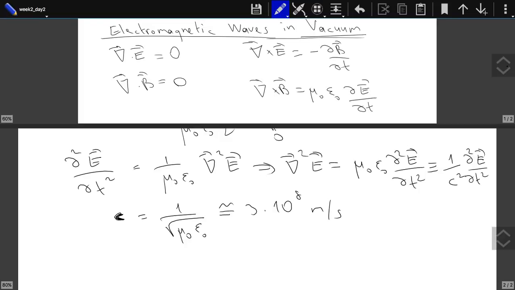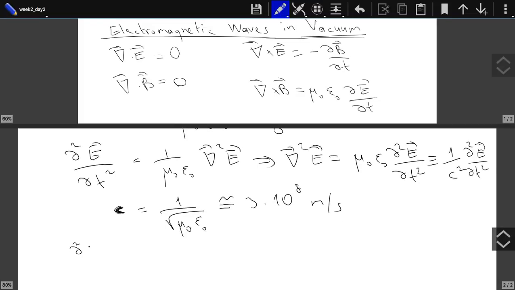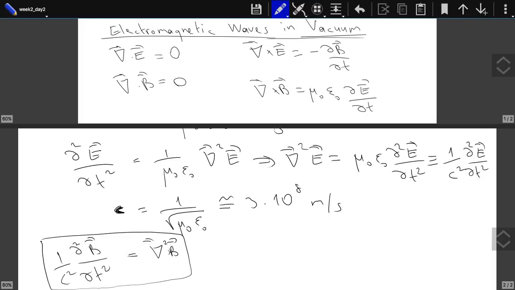I will not go over the derivation, but if you just repeat the same thing, you start with the second time derivative of the B field, and you will see that the B field also satisfies exactly the same equation. So the electric field satisfies a wave equation. The magnetic field satisfies a wave equation. So we do have solutions of both the electric field and magnetic field that are waves.